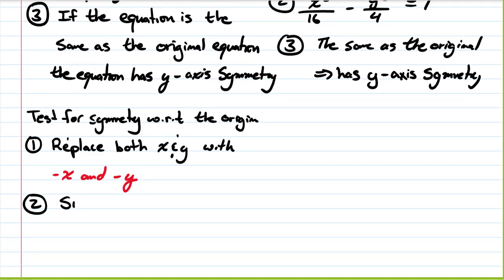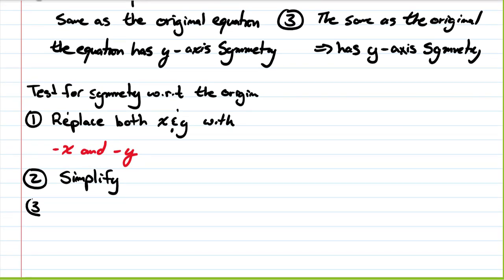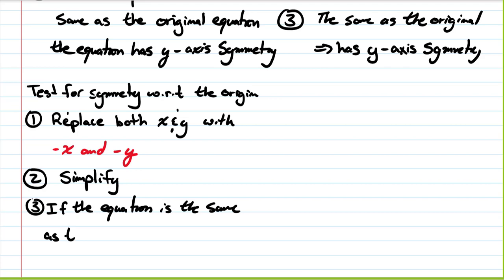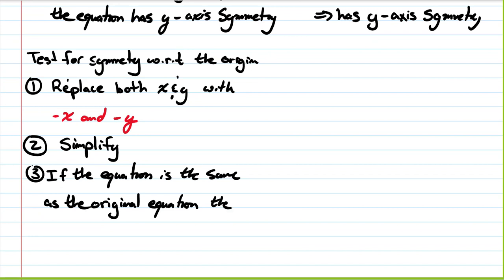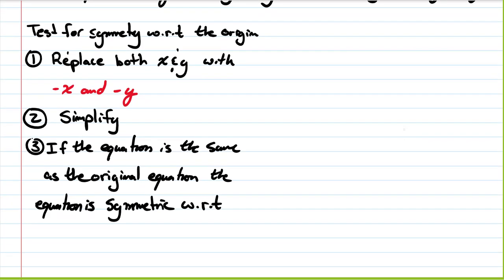So 2, we're going to simplify. And 3, if the equation is the same as the original equation, the equation is symmetric with respect to the origin.